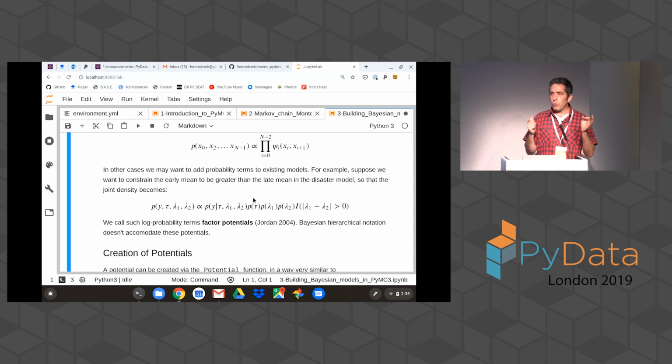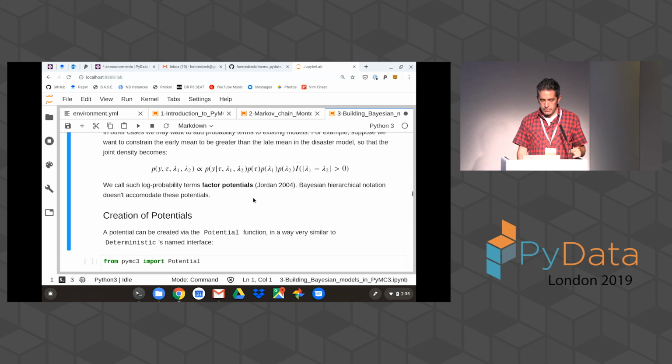And you see, it's not a random variable, right? And it's not data, really. It's just a constraint. And this could take a variety of forms. So essentially, if we're writing it down, it's like this. It's an indicator function of the difference. Probably shouldn't be absolute value there. That's not right. Lambda 1 minus lambda 2 greater than 0.